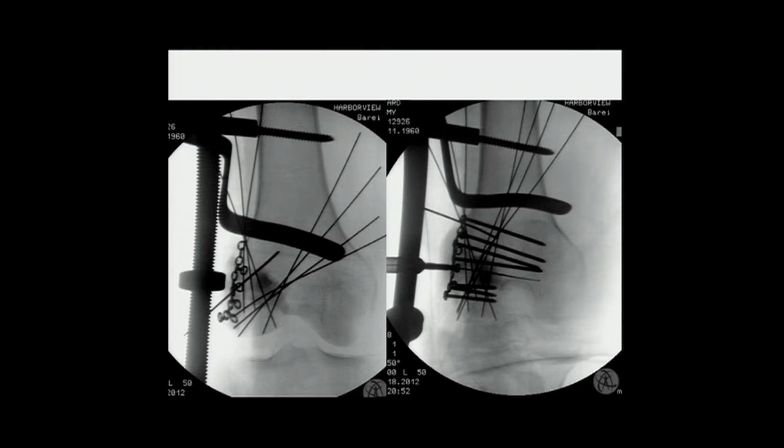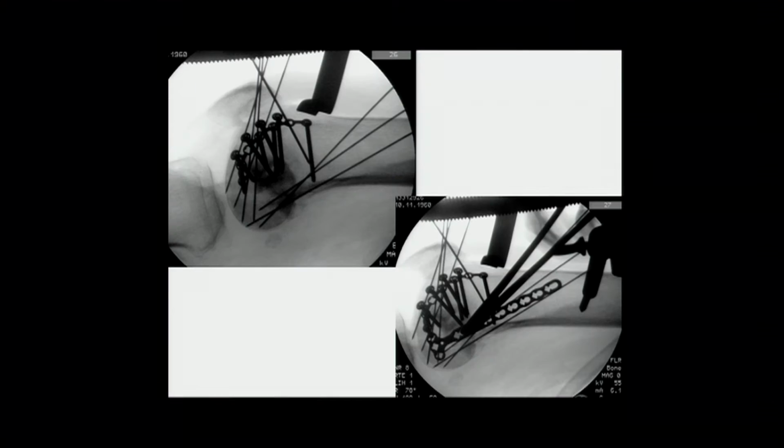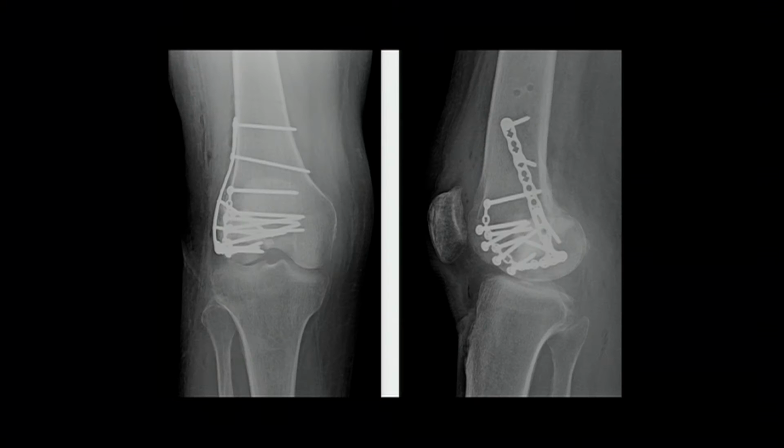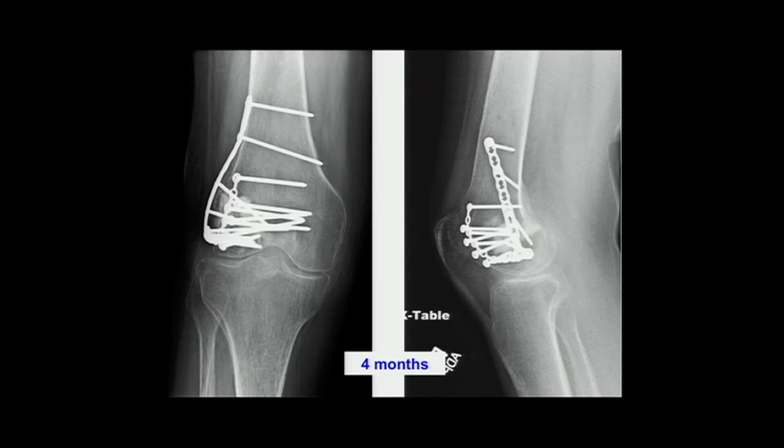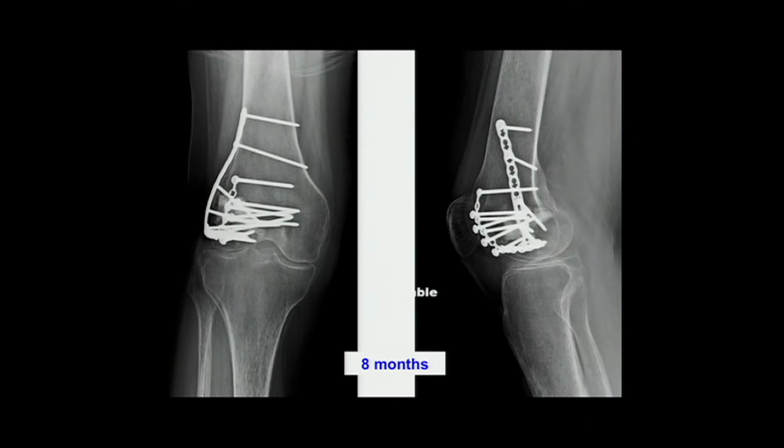Calcium phosphate was used to fill that large defect, and then multiple planes of fixation to ultimately stabilize that particular injury. So this is her immediately post-operatively, and it did retain its articular reduction for 4 months, and then most recently at 8 months, which I think is a really nice save for a patient's knee joint, as opposed to going to arthroplasty options or any type of allograft replacement.